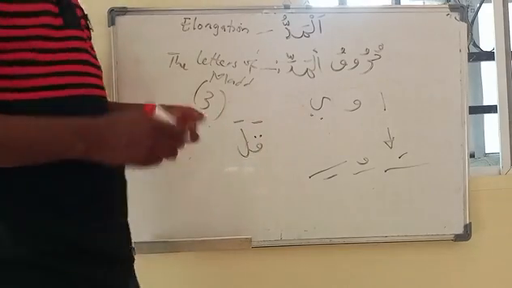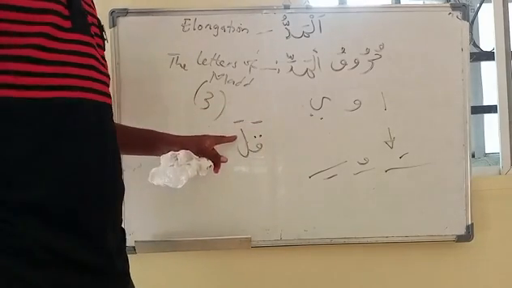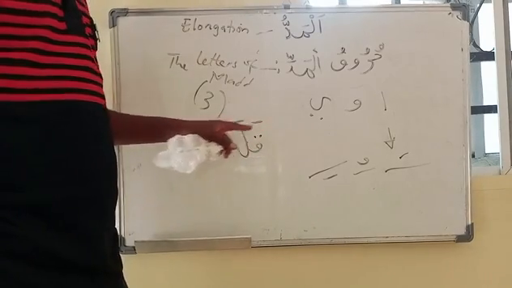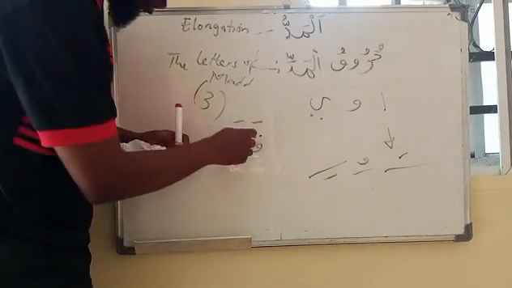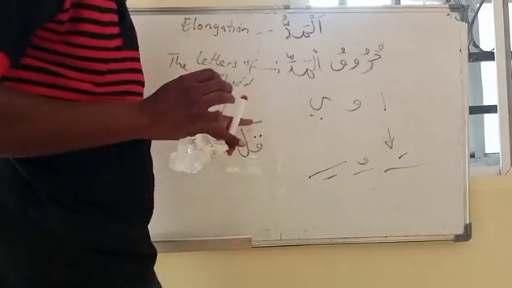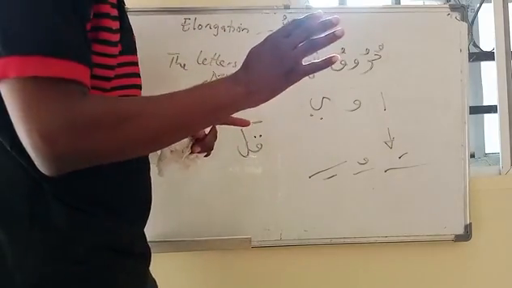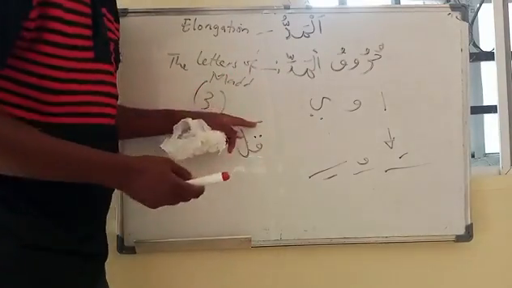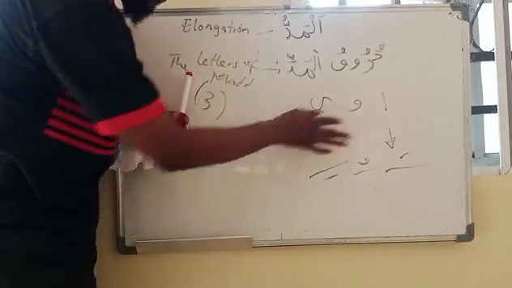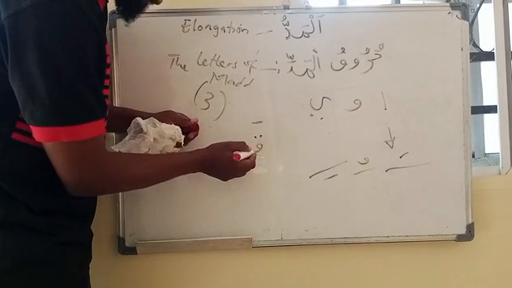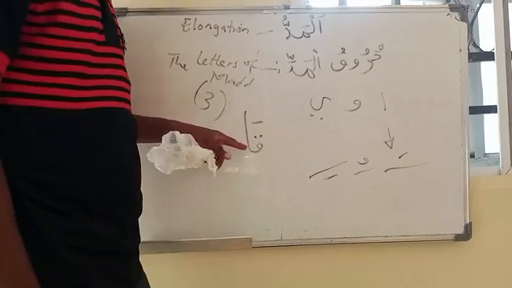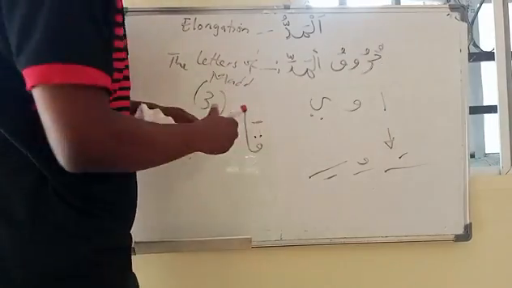Kaf fatha, lam fatha, that is kala. But if you want to elongate the sound on the kaf, so we say kaa instead of ka, then because kaf carries fatha, we introduce a harf al maddi. In this case, we introduce an alif. So we say kaf fatha, alif madda, kaa, kaala.